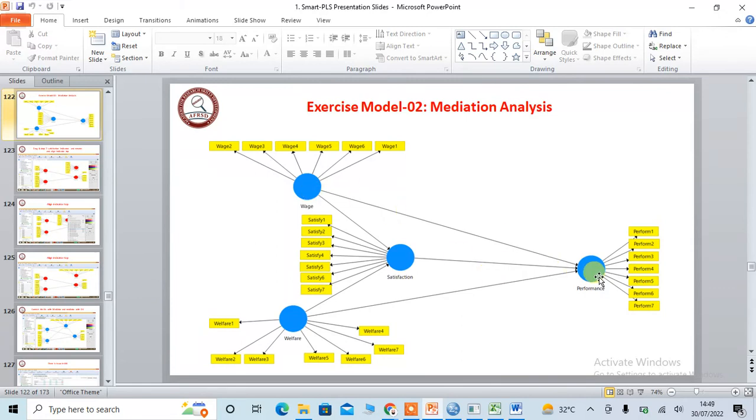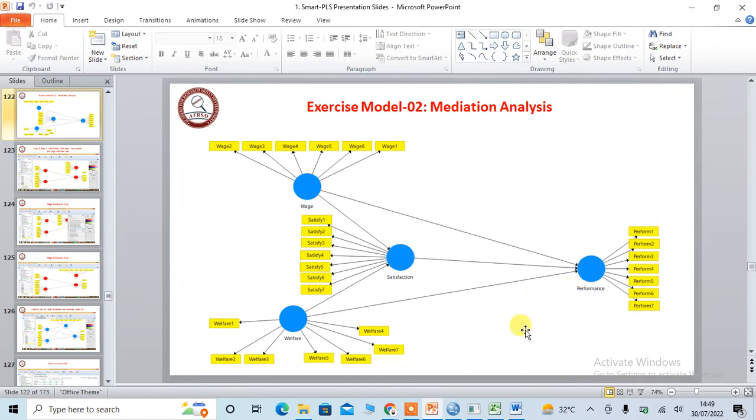Suppose wages with performance is 1, welfare with performance is 2, wages with satisfaction is 3, satisfaction with performance is 4, welfare with satisfaction is 5, satisfaction in between wages and performance is 6, and satisfaction in between welfare and performance is 7. So this is the 7.